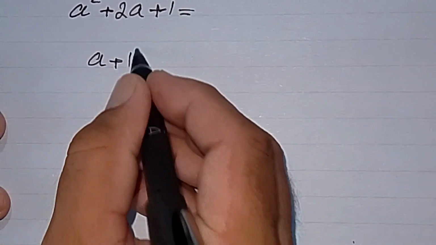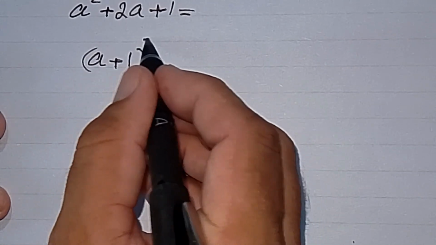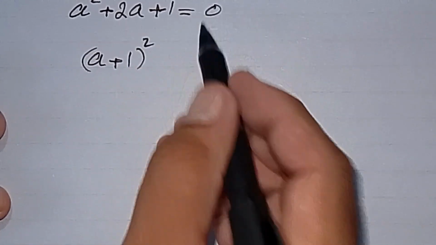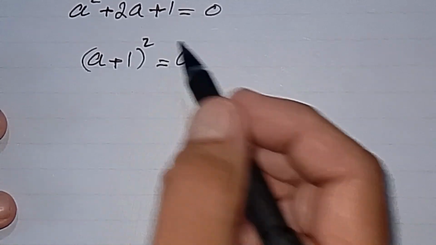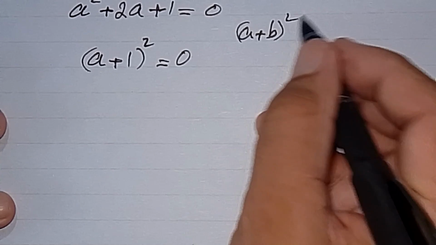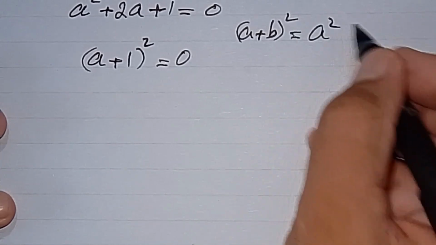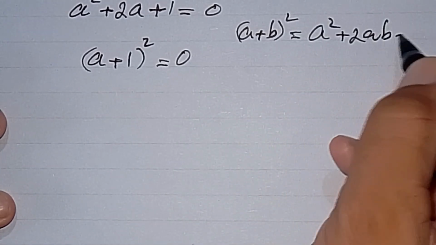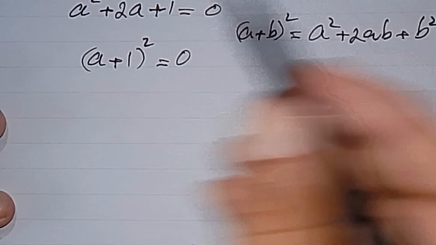A plus 1 whole square is equal to 0. We use a plus b whole square is equal to a square plus 2ab plus b square.